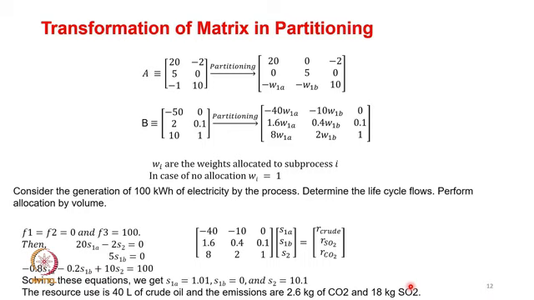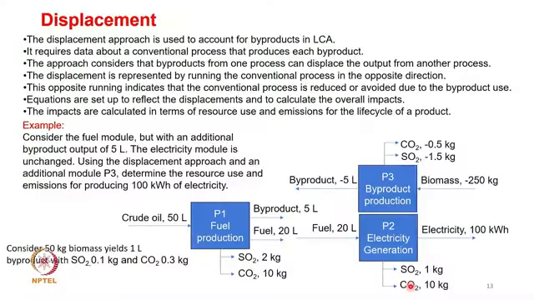So here we nicely transformed this analysis and evaluated the acidification potential equivalent, and also the CO2 equivalent, which relates to the global warming potential. So what we have done is partition and allocation.